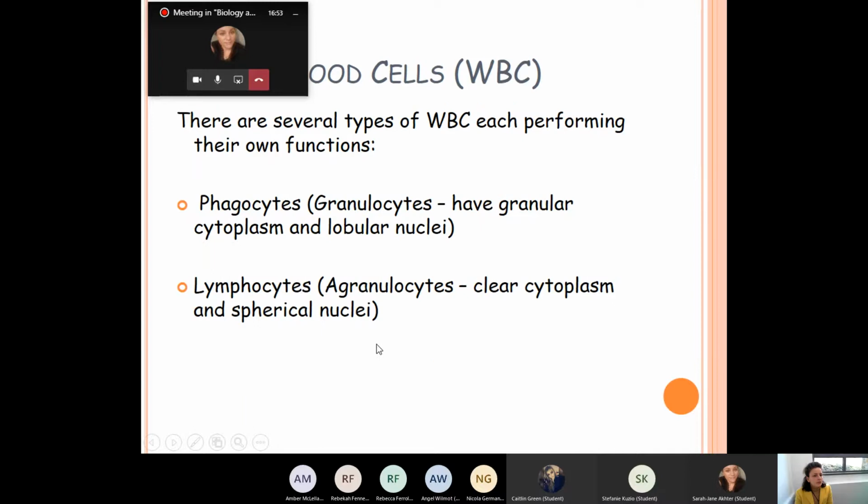Again, I'm a bit reluctant to stop here and talk about it too long. This is just some of the terminology associated with these two types of white blood cells. Sometimes phagocytes are also known in literature as granulocytes because they have a granular appearance of cytoplasm under microscopes. And lymphocytes are agranulocytes. So basically it means without grains within the cytoplasm, so they have clear cytoplasm.